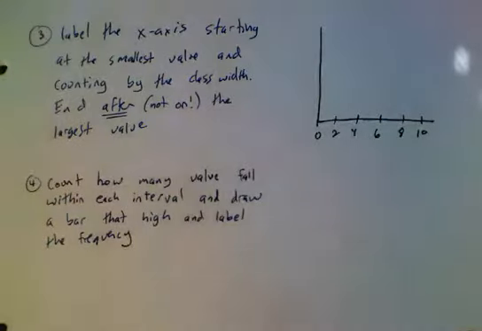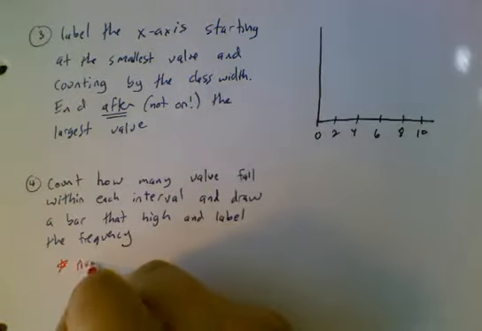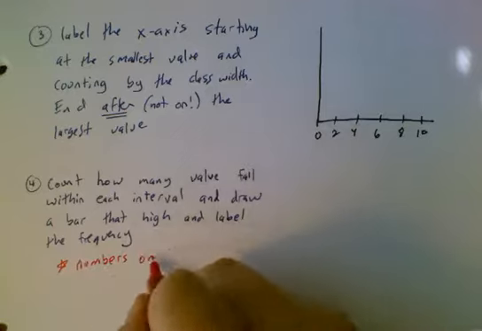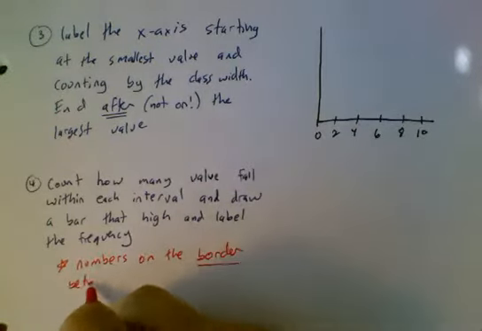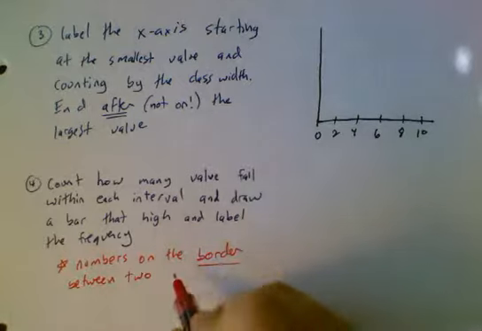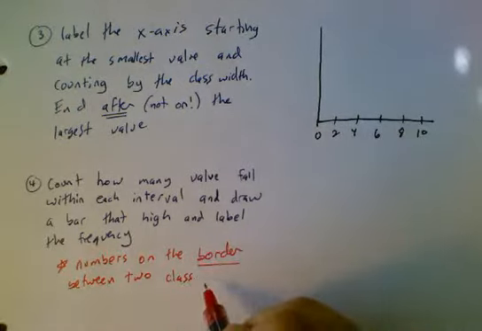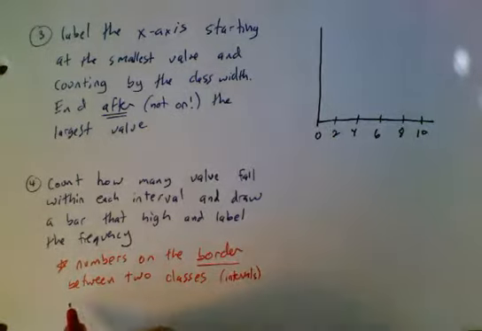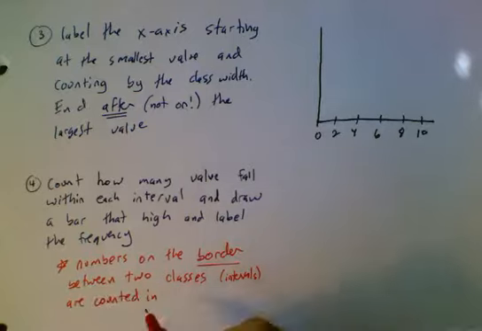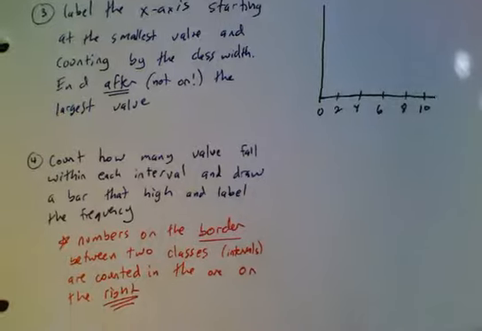One thing that's very, very important: numbers on the border between two classes, and remember, those classes are just these little intervals, are counted in the one on the right.